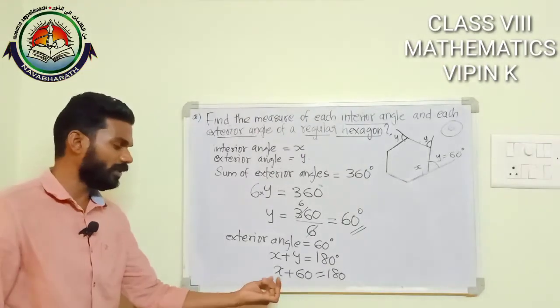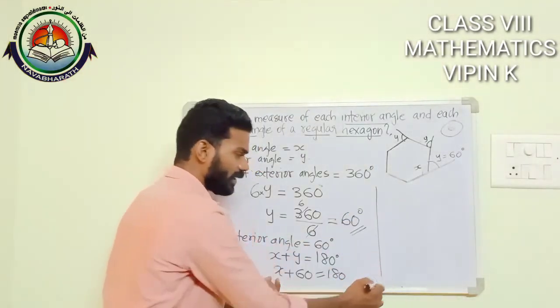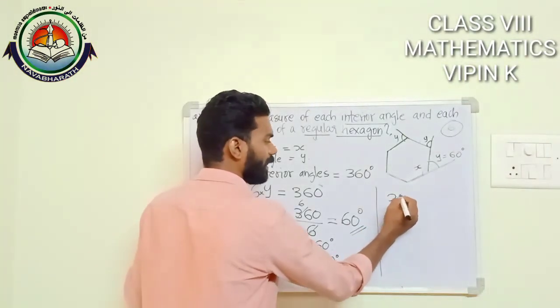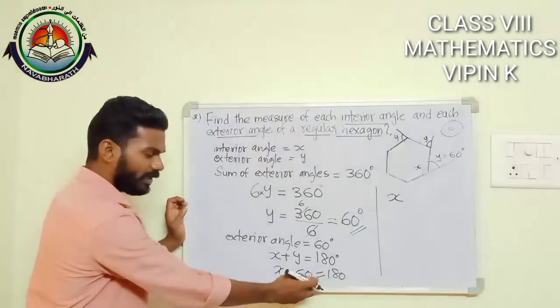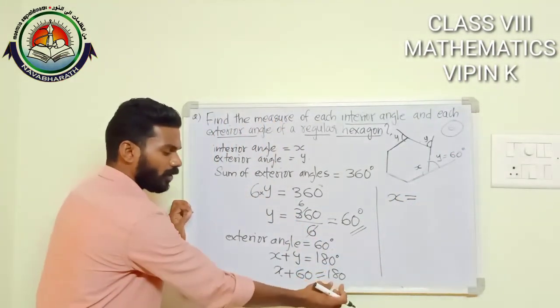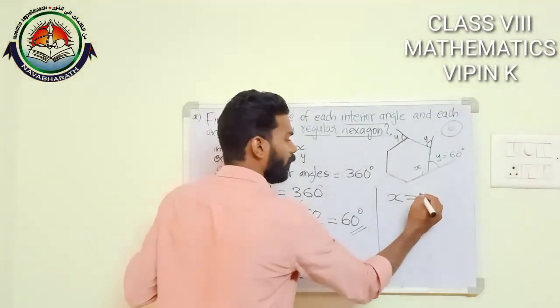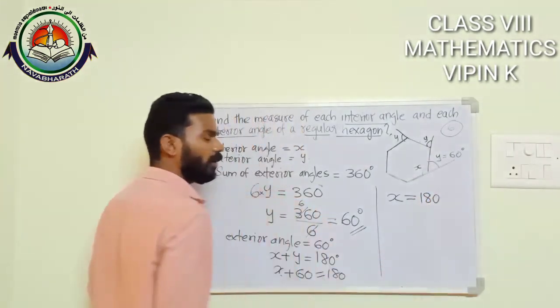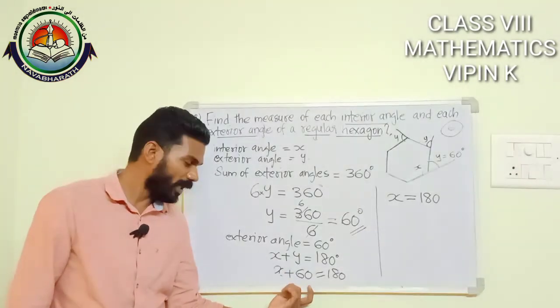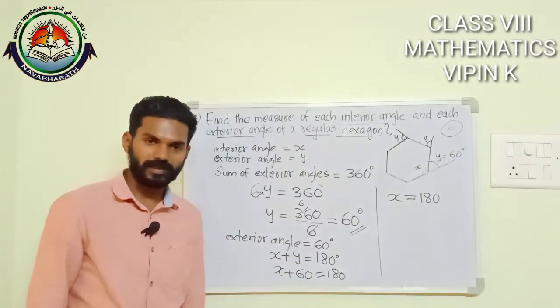How can you find this x? Just look here. To find this x, isolate this x. Then put an equal sign. Then write the number on the right side, which is 180. Now what do you want to do? You want to carry this plus 60 to the other side.